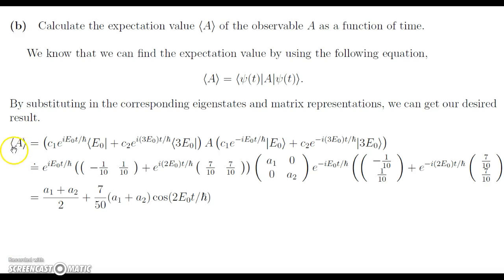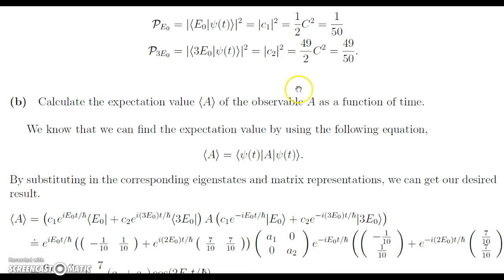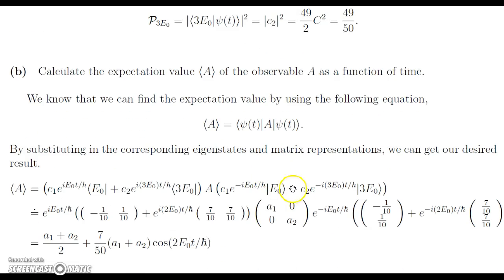So it's a little messy, but we plug in the corresponding bra state here, and here now the coefficients are the complex conjugates, so the minus signs are dropped in the exponential. And we get this portion, and now we have our observable A, and then we just have the state above, right here.